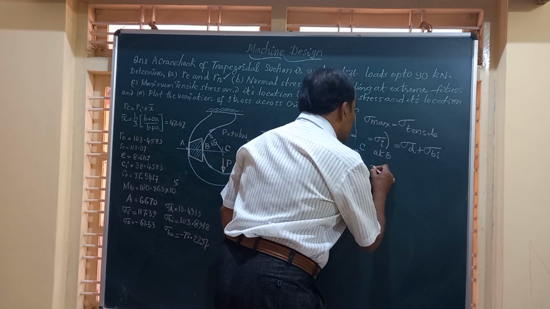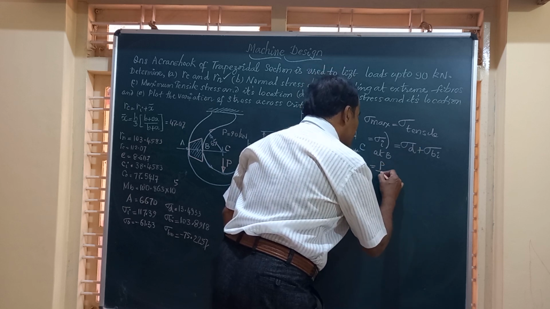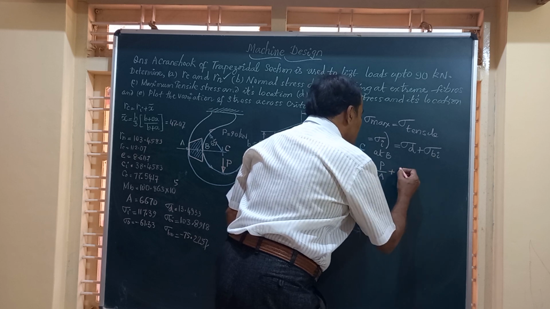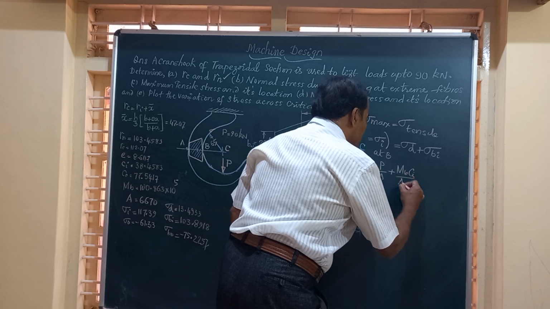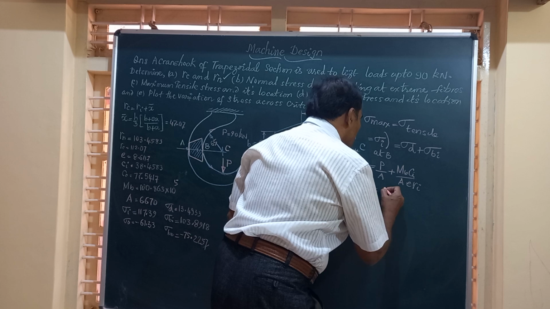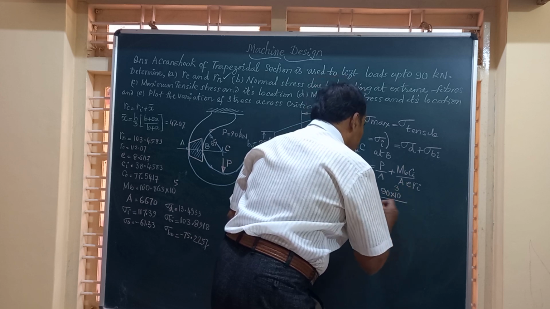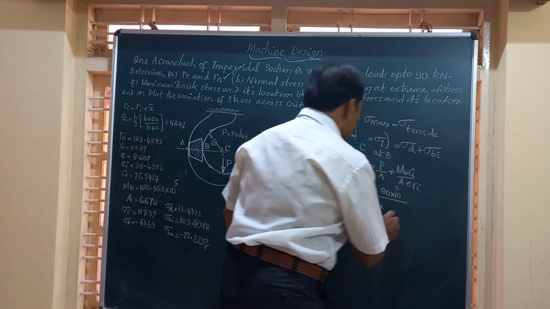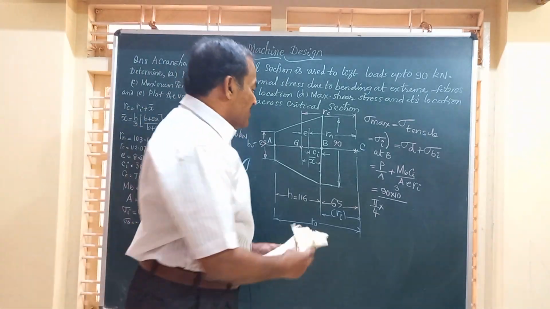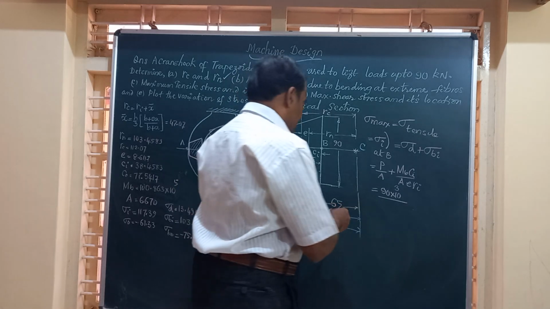Friends, this I will substitute. Sigma D is load over area of cross section plus sigma Bi is MB Ci divided by A E Ri. Friends, we know all these values. Load is 90 kilonewton. Convert that to Newton. Area, it is not pi by 4 d square. Area already we have calculated as half the height into sum of the parallel sides.